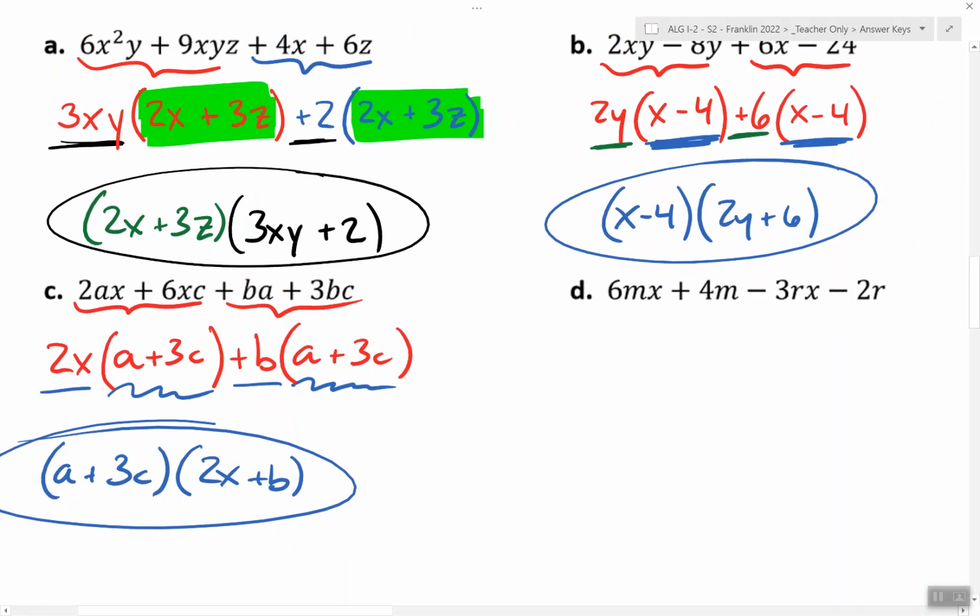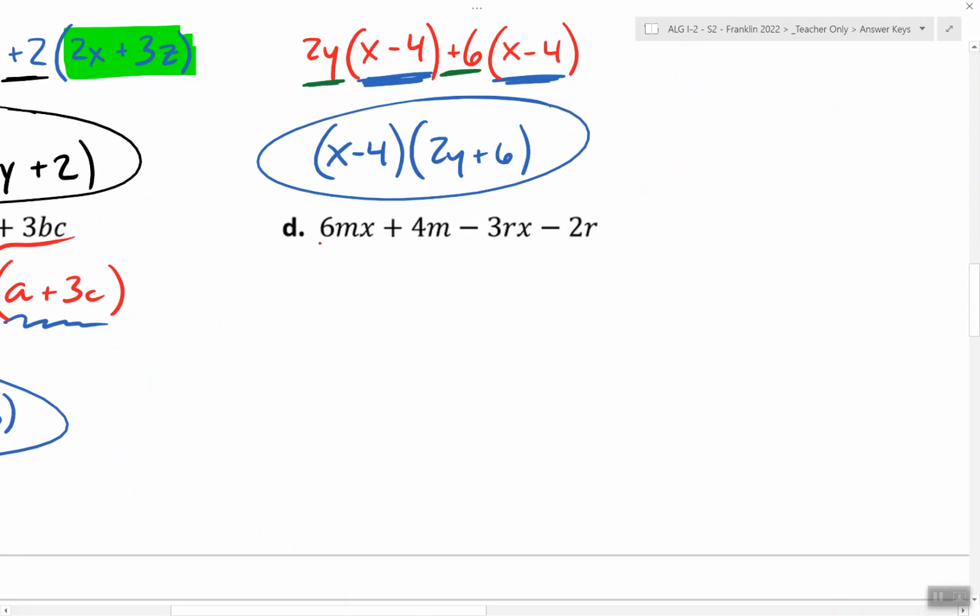Last one. So 6mx plus 4m, we're going to take out a 2m. And that's a 3x for the first term plus 2 for the second term. Now notice the negative signs here. We want to end up with 3x plus 2, and both of those are positive.